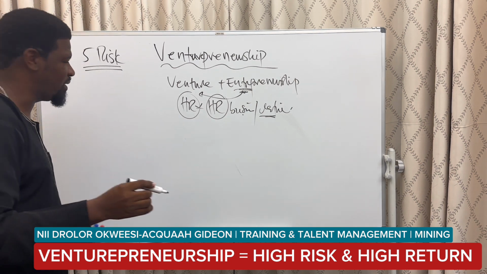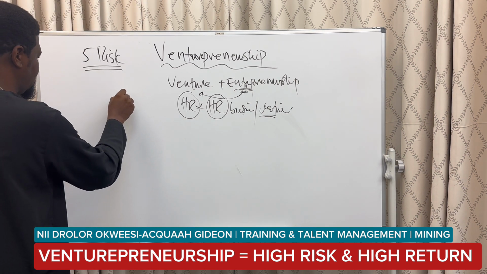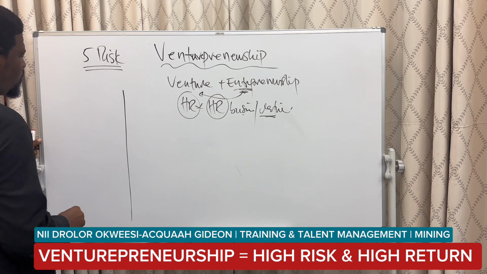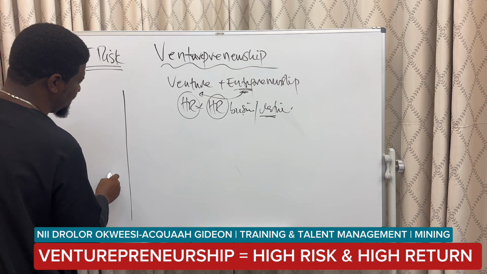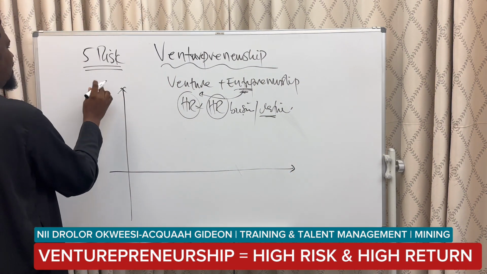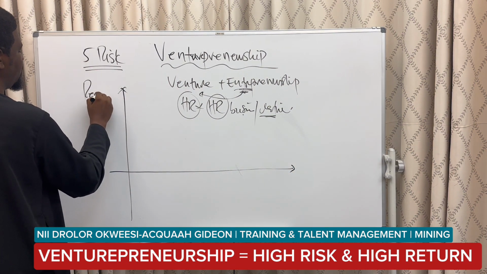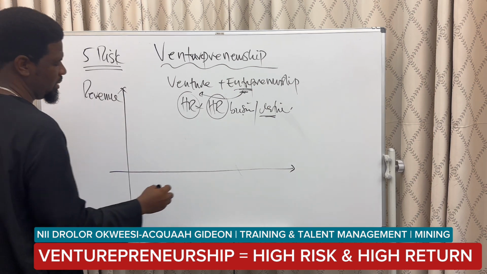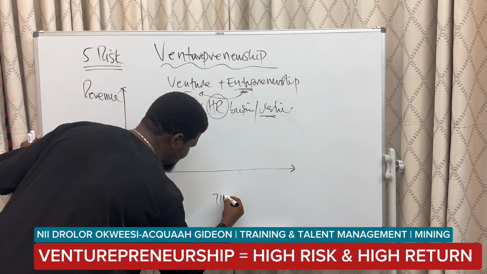Just grab your pen and paper and do this with me. Draw your y-axis and then also sketch your x-axis. Now label this as revenue and label this as time.